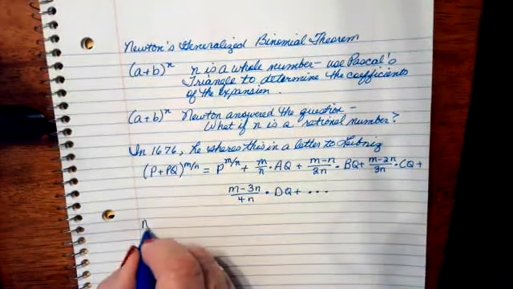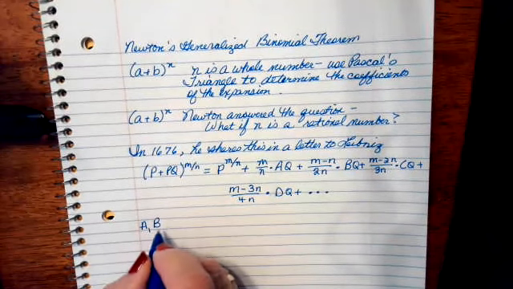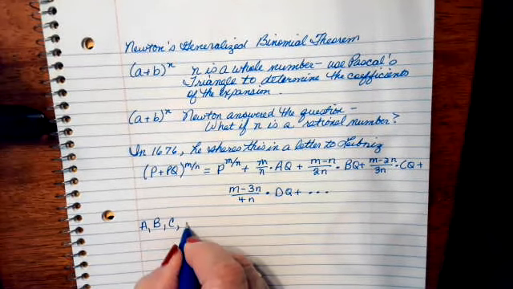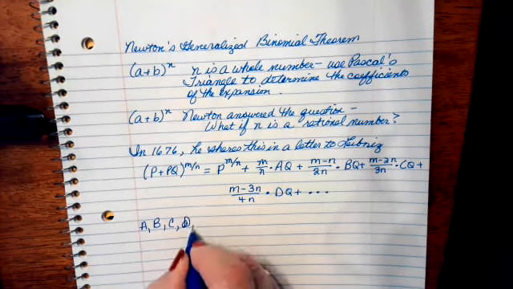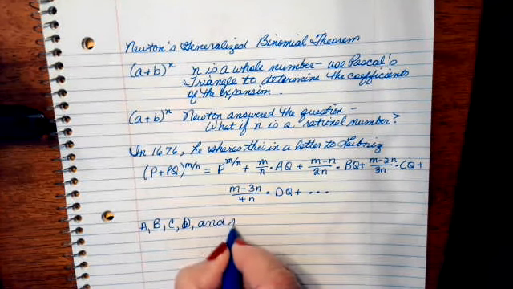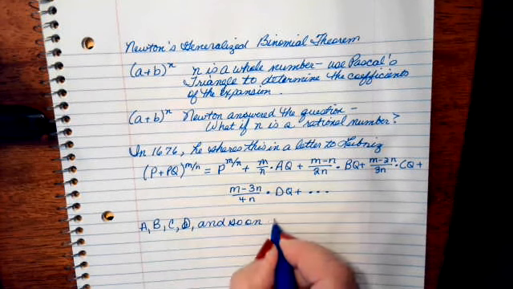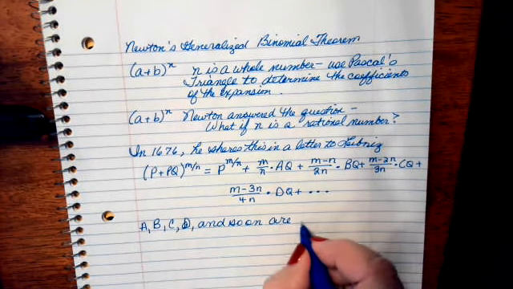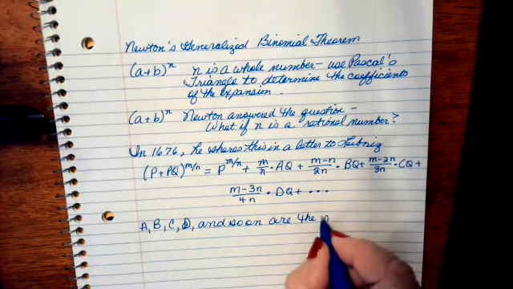And he said that A, B, C, D, and so on, are the preceding terms in the expansion.